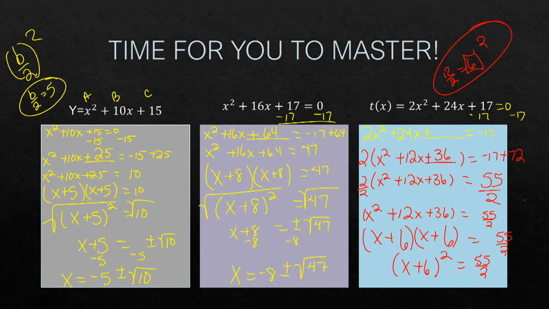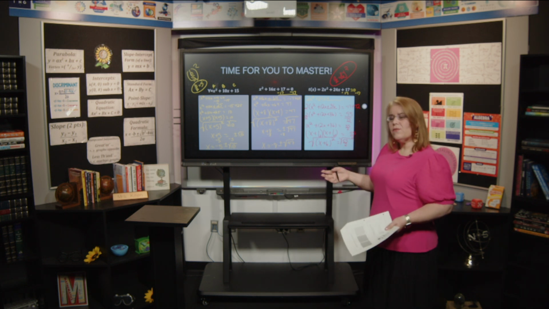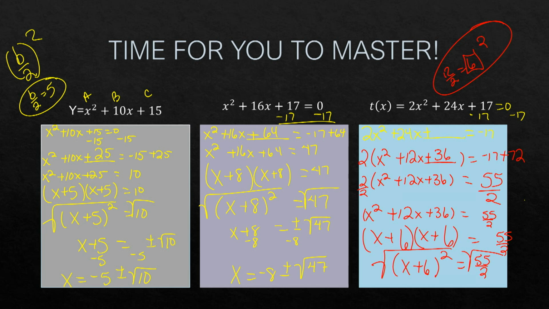All right, so I have to isolate that variable by taking the square root. Now, Miss Killen, I know 55 is not a perfect square, and I know 2 is not a perfect square. So what do we do? Well, let's see if we can pull anything out from 55. So I've got 55. Now, what are factors of 55? Well, 1 and 55, but then we have 5 and 11. Well, Ms. Killen, I can't pull anything out.